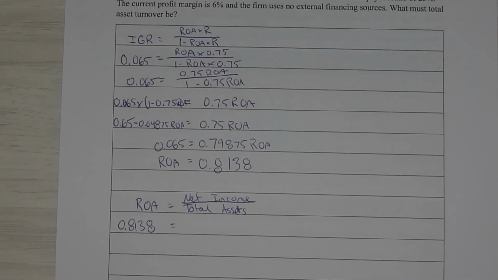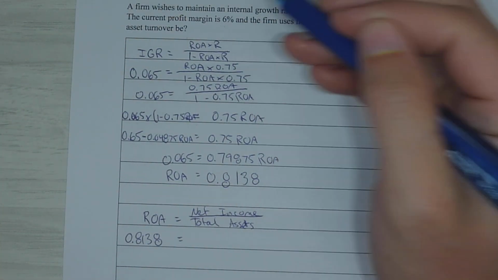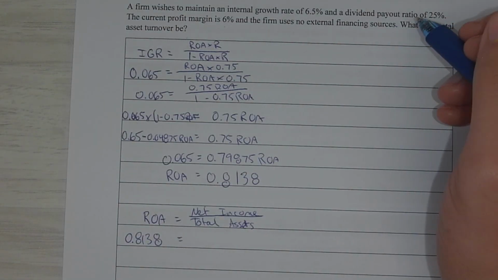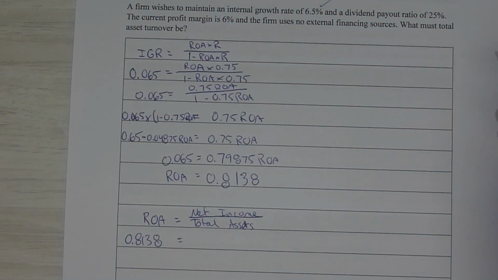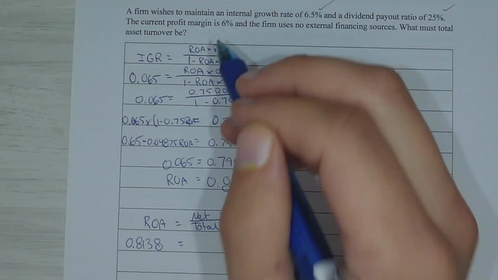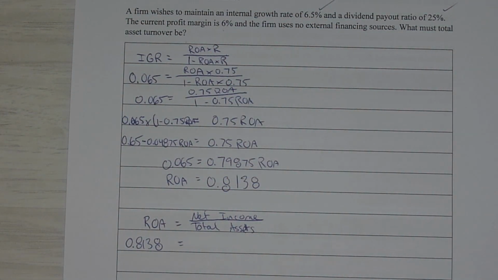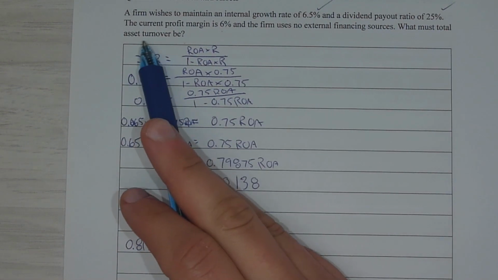So let's have a look at what else we're given here. We are given our profit margin. We were given our internal growth rate, which we've used to get our ROA. We've got our retention rate, or dividend payout. And so the only other thing we have is our profit margin. Let's think ahead to what we're trying to determine: our asset turnover.